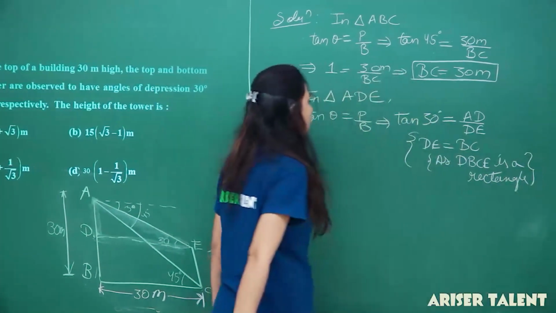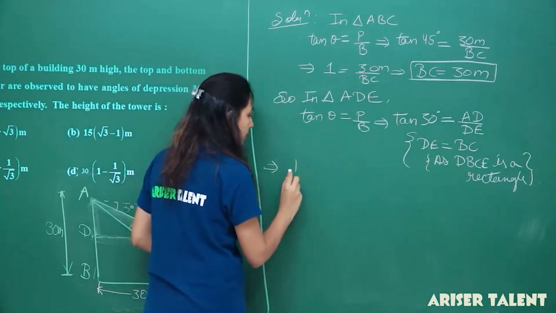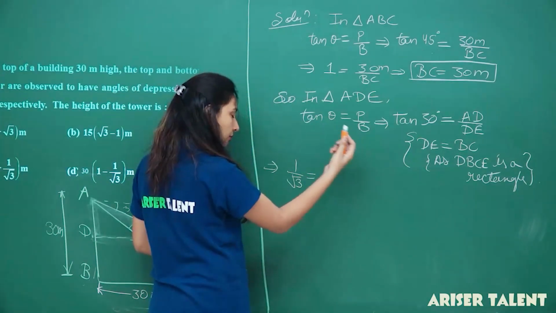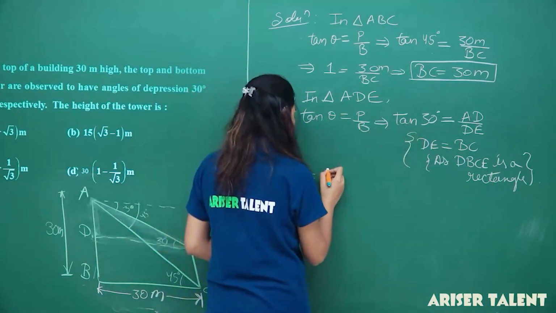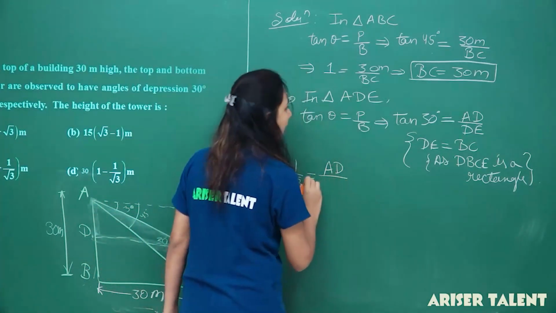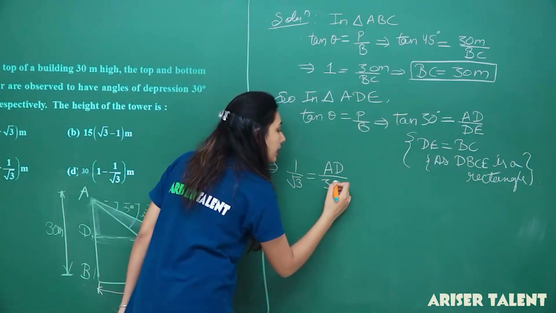Students, the value of tan 30 is 1 by root 3. Now AD's value is not known, and we have DE equal to BC, which is 30 meters.